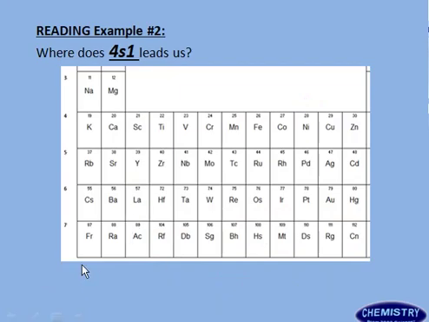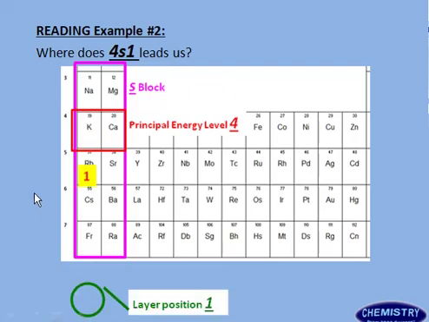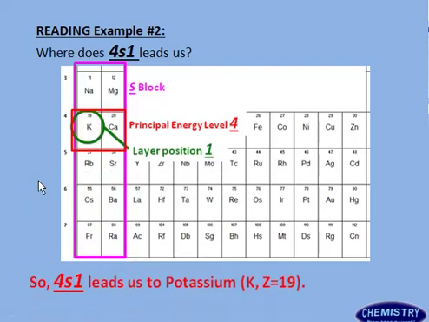And what about 4S1? Well, we know the S block is over here. We know in the S block that the principal energy level corresponds to the period. So that's principal energy level 4 within the S block, and it's position 1. So that takes us to potassium. 4S1 leads us to potassium in its ground state.